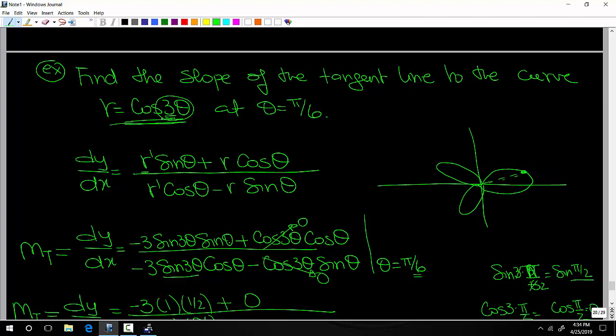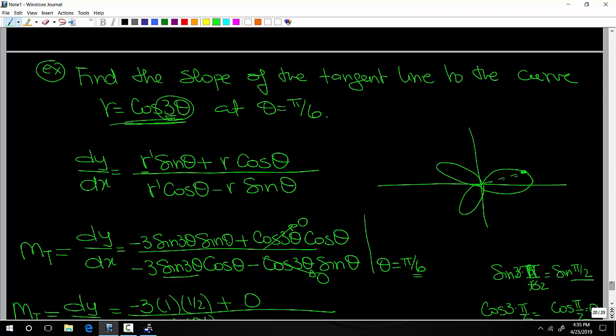If you were to plug in pi over 6 here, I would get pi over 2, which will give me cosine of pi over 2, which will be 0. So r would be 0. Okay.